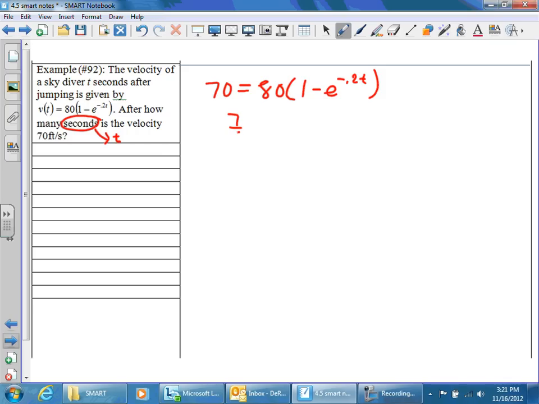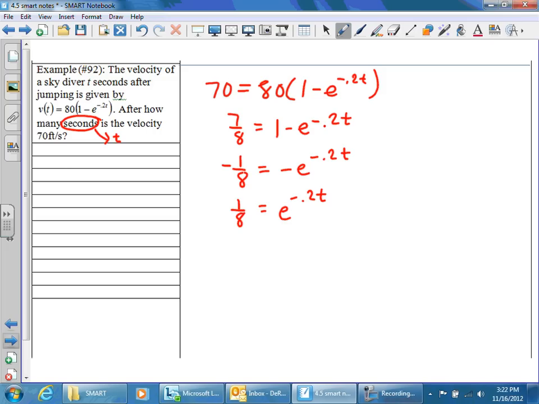Divide by your 80. I don't need parentheses anymore. Subtract your 1. Divide by your negative.